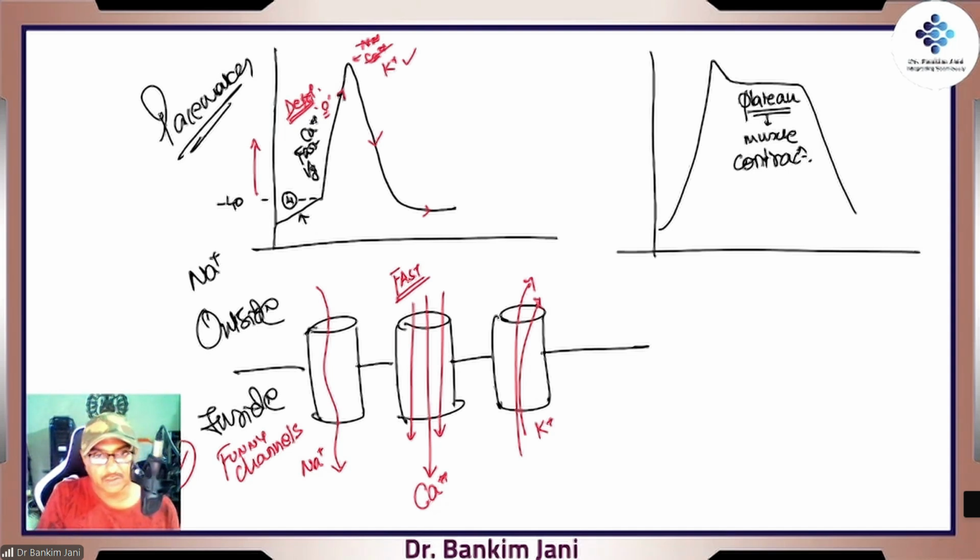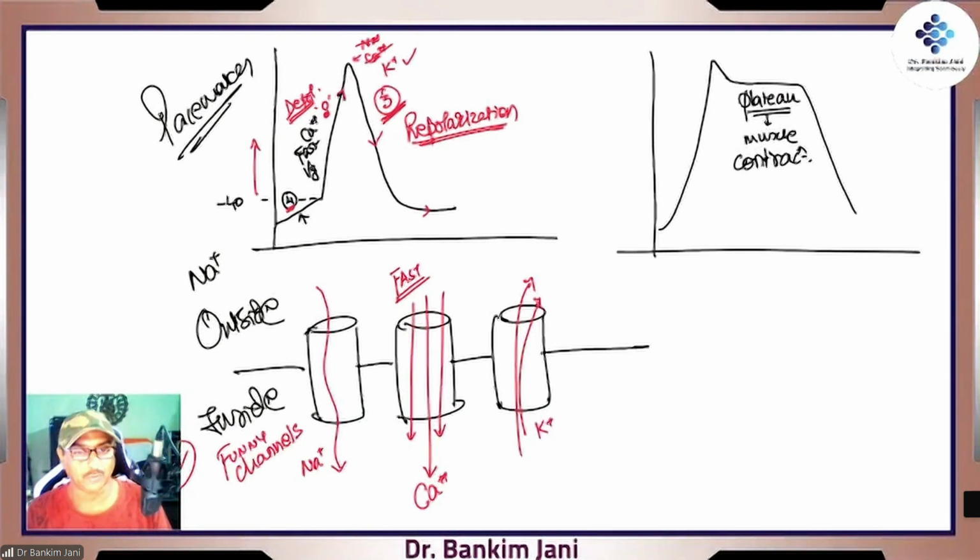As it comes down, it is called repolarization, and that phase is called phase 3. Over here it was phase 0, so from phase 0 straight away to phase 3. And then this baseline, when it comes, is called phase 4.